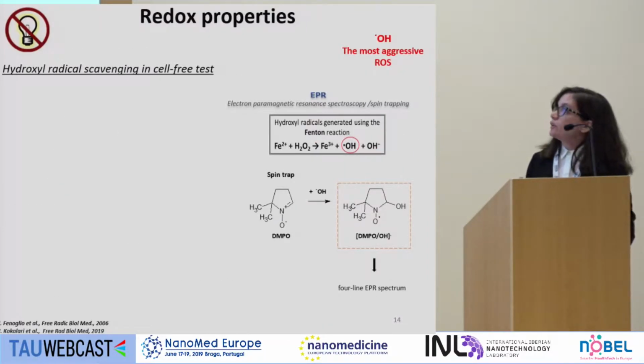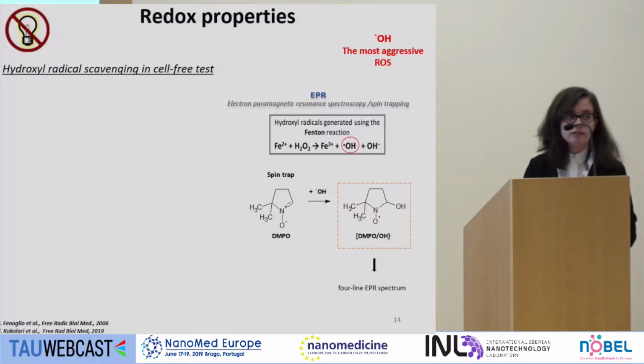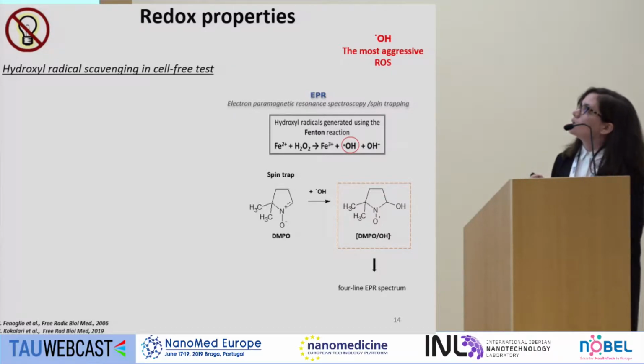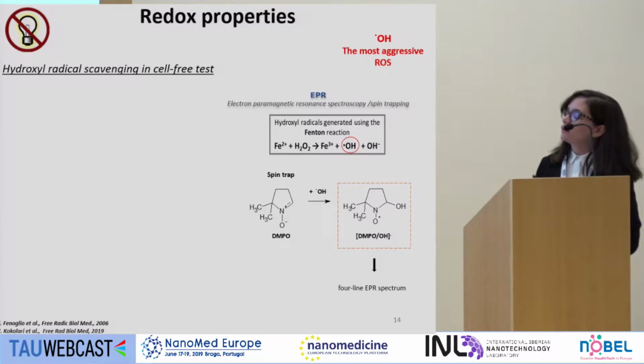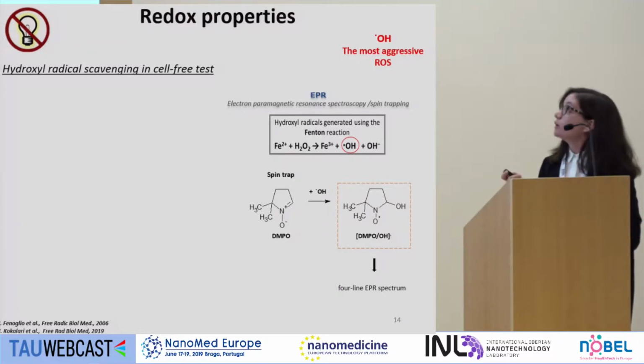So, in order to evaluate the redox property of our nanoparticles, we started with the evaluation of the scavenging ability of these nanoparticles toward the most aggressive reactive oxygen species, the hydroxyl radical, which was generated by Fenton reaction and detected by EPR spin trapping spectroscopy.